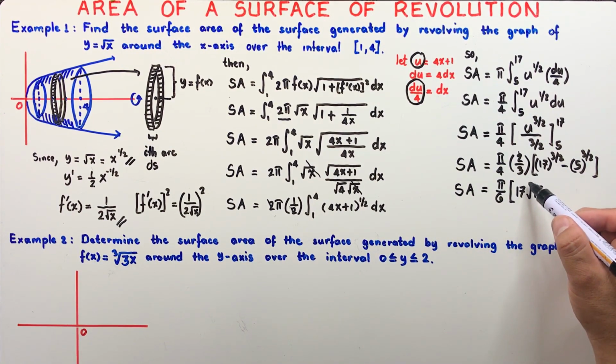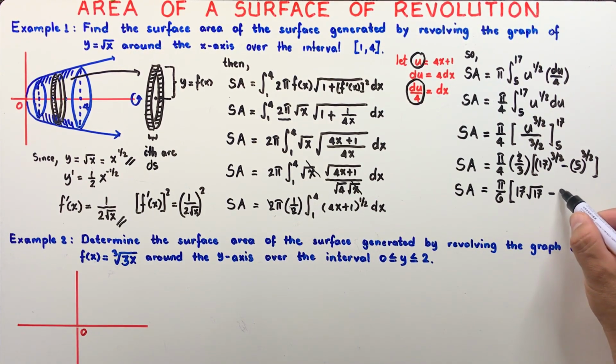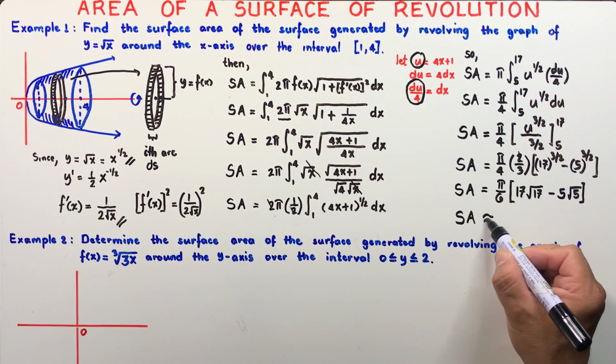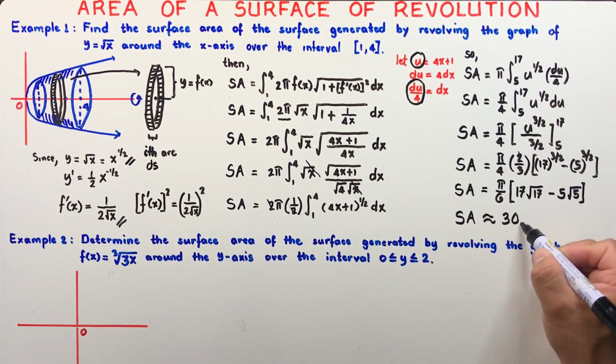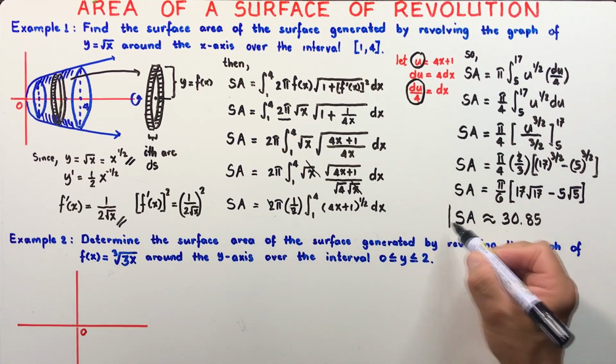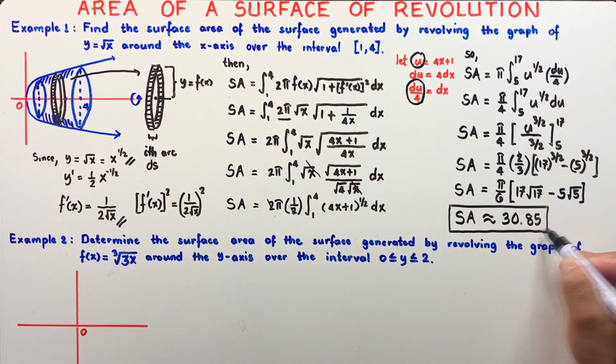So 17 times the square root of 17 minus 5 times the square root of 5, because again the exponent is 3/2 there. And if you're going to use your calculator, this is approximately equal to 30.85. And this is the surface area of the solid of revolution.